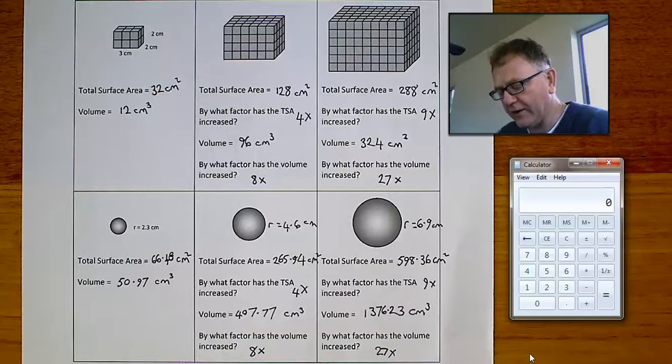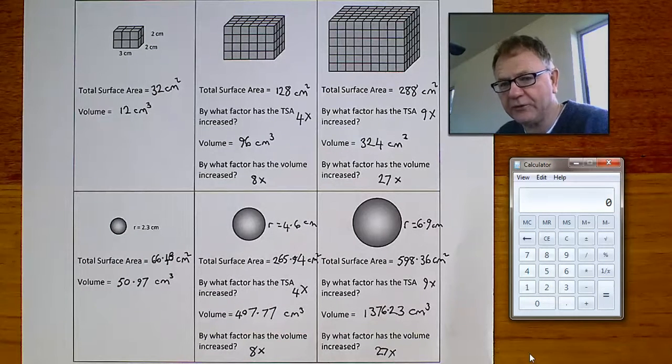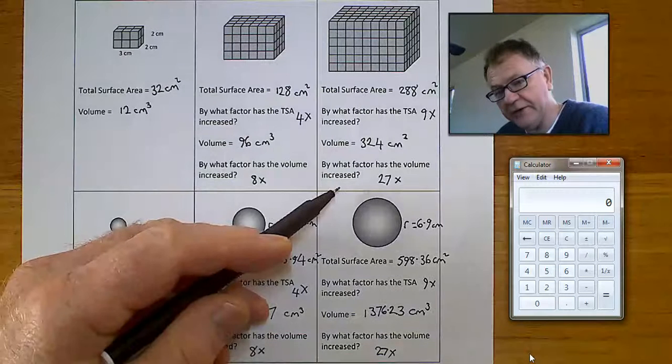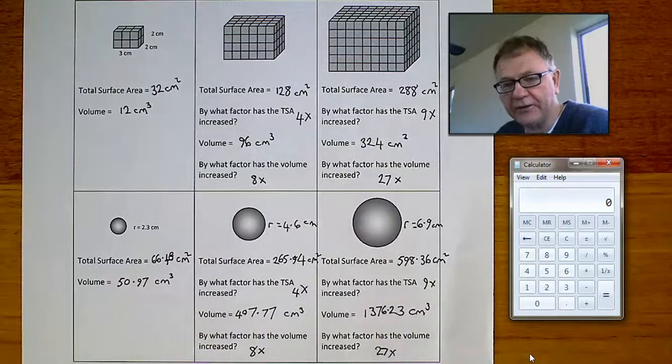You see, surface area increases with the square of the scale factor, but volume increases with the cube of the scale factor. So if you have a scale factor of 2, the volume increases not 2 times, but 2 cubed times. 2 times 2 times 2. That's 8 times. Or, if you've got a scale factor of 3, the volume increases not 3 times, but 3 cubed. 3 times 3 times 3.